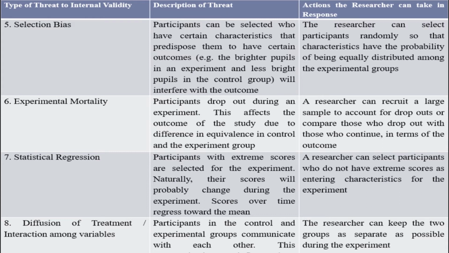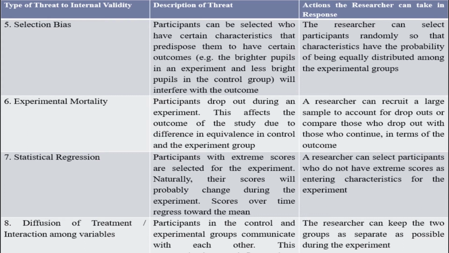That will definitely interfere with the results of the experiment. What can you do to respond to this threat? Ensure that you select participants randomly that are as equivalent as possible.